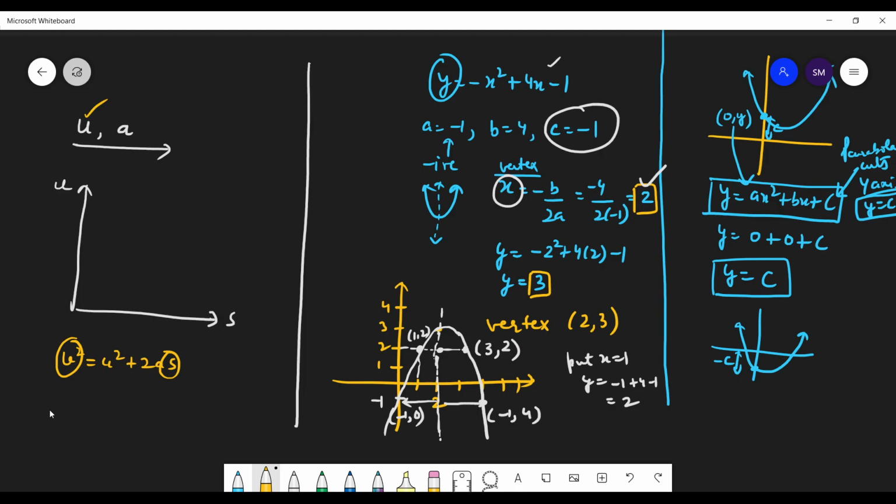So students, there is one more form of parabola that I am teaching you with the help of this. You have just read that y equals ax square, right?